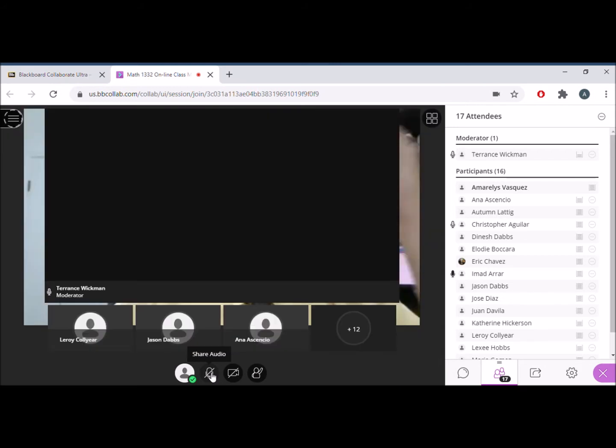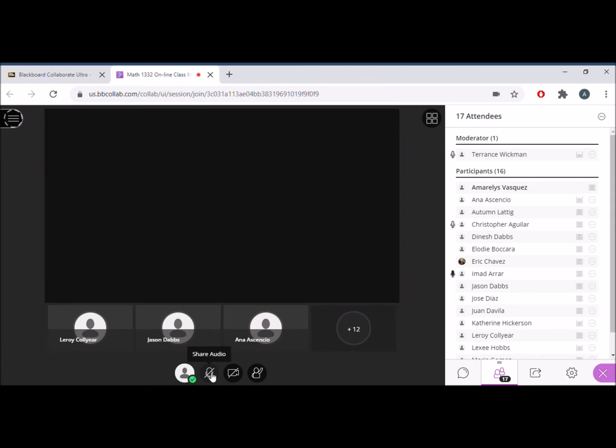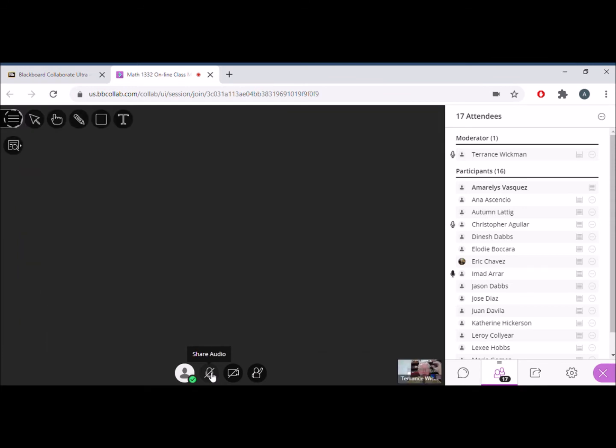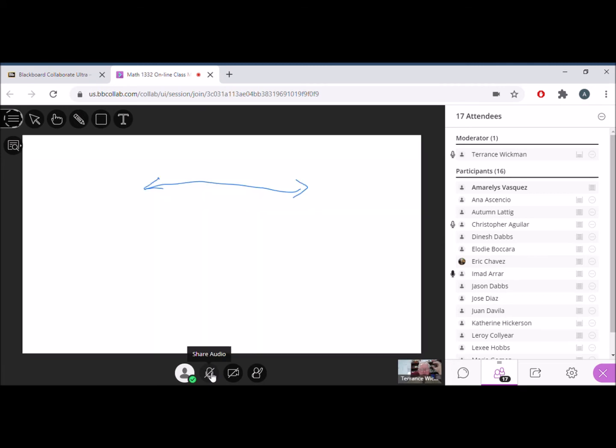First method, usually given, is graphical. So if I have a graph, this is 0, this is 1, and I want all these elements in here between -1 and 1, this is the solution. It's called graphical notation.